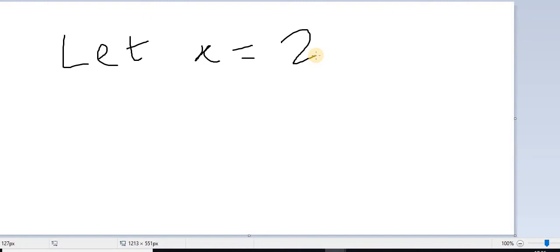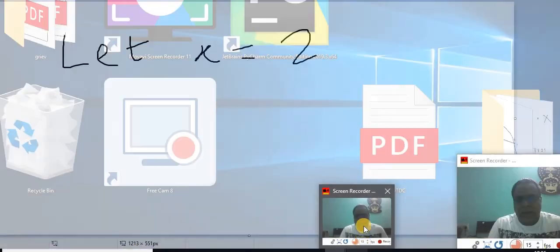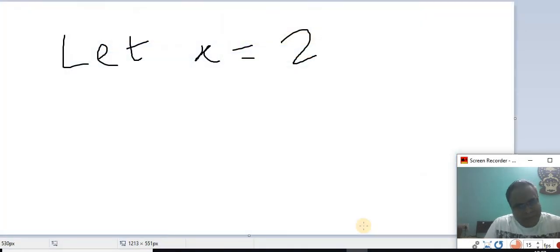We are assuming it. At this value, the function is minimum. That's what we assumed. Now we will calculate f dash x. If this is the minimum value, f dash 2 must be 0. Am I right? If the function is minimum at this value, then f dash 2 must be 0.